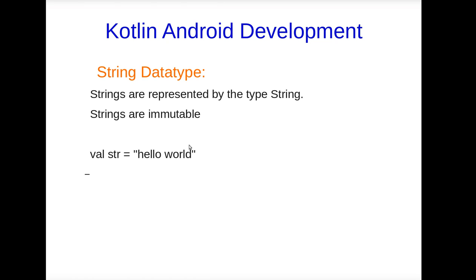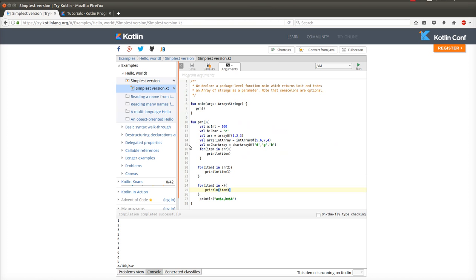Moving on, the next type is the string type. Strings are represented by type String, and strings are generally immutable. We can define a string: val str equals hello world, and we are printing println str.